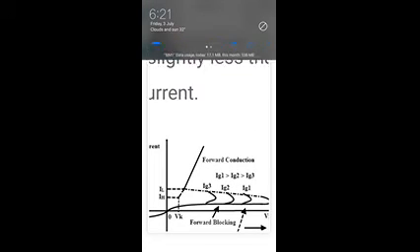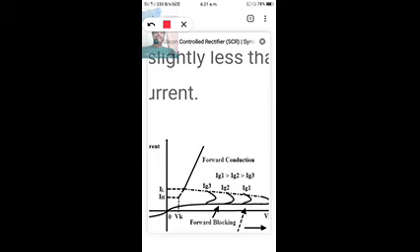And here, one more set of important definitions are the holding current and the latching current. Holding current is the minimum anode current below which the SCR enters from the on state to the off state.